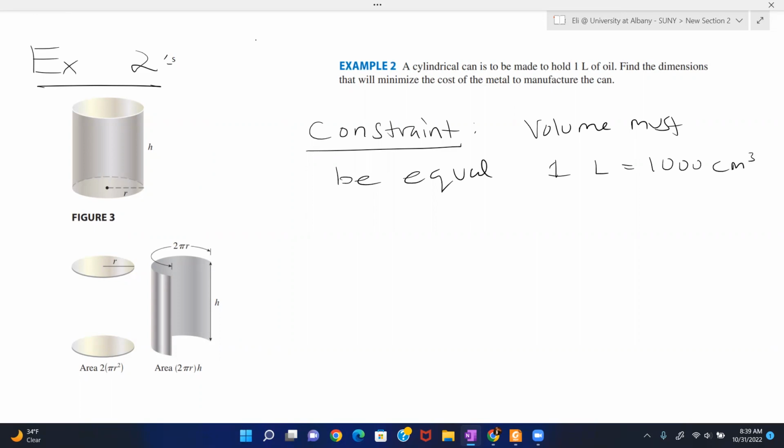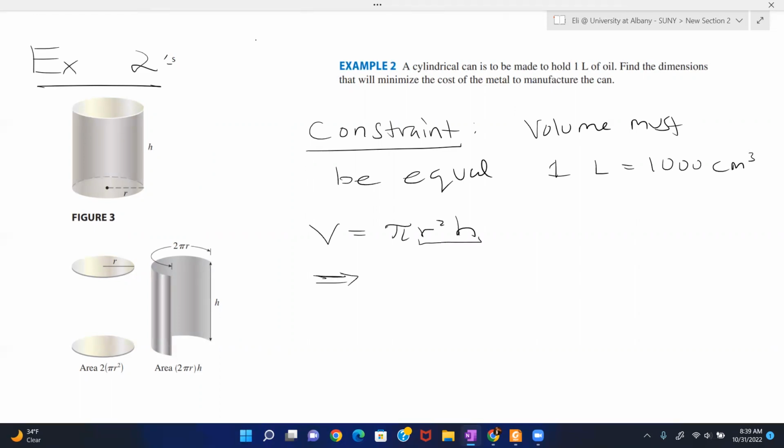But what's the volume of a cylinder? The volume V is equal to pi r squared h. And so we're saying that this is 1,000.